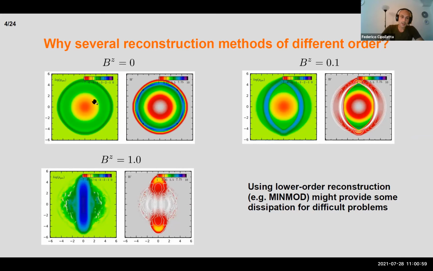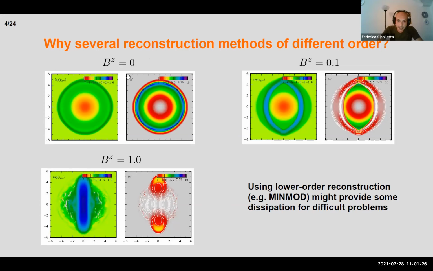And so without magnetic field, at the end you have a perfect sphere, let's say. But with the presence of a Z component for the magnetic field, the explosion tends to follow the lines of the magnetic field. And you can see that this test is really challenging when you adopt Cartesian coordinates.